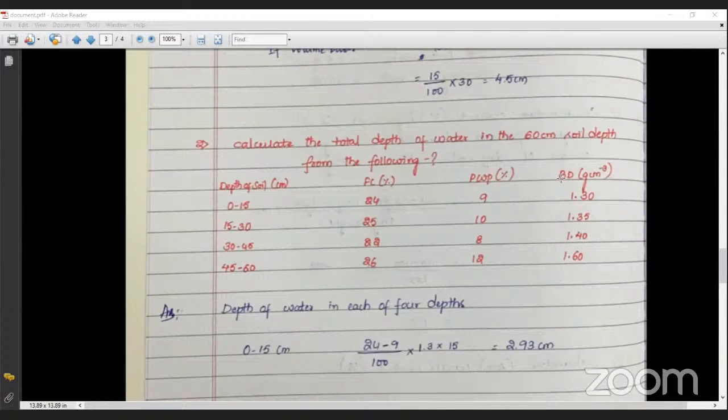You have considered how much soil depth? 15 centimeter. Then field capacity minus permanent wilting point into 1.35, then divided by 100. How much did you get? 7 point something. Sorry, check once again. Okay, not an issue. You can check, because this is the learning time.